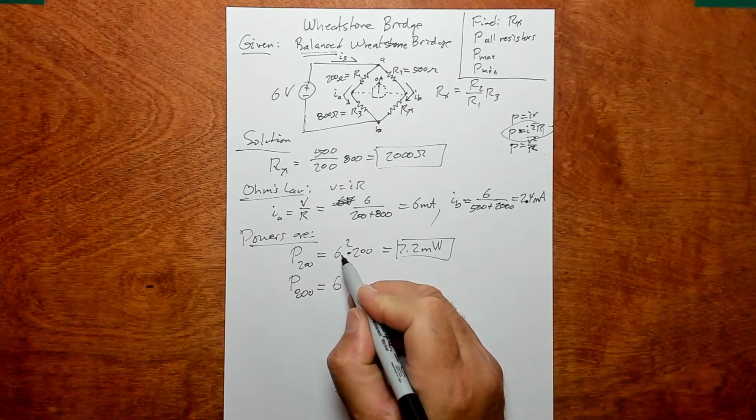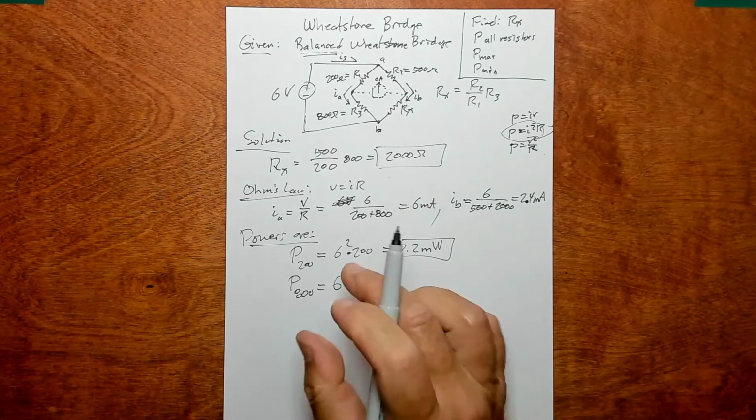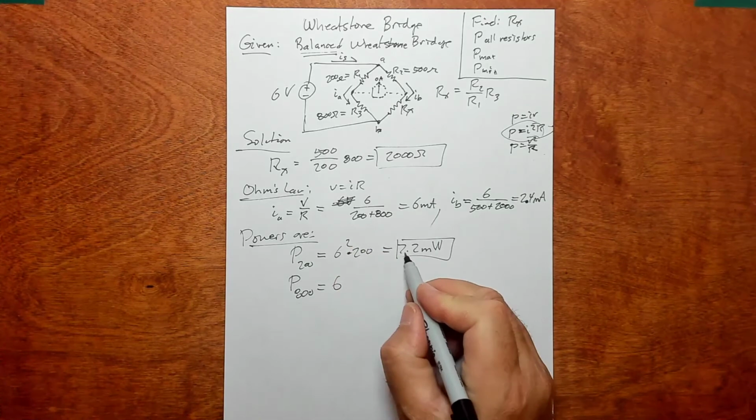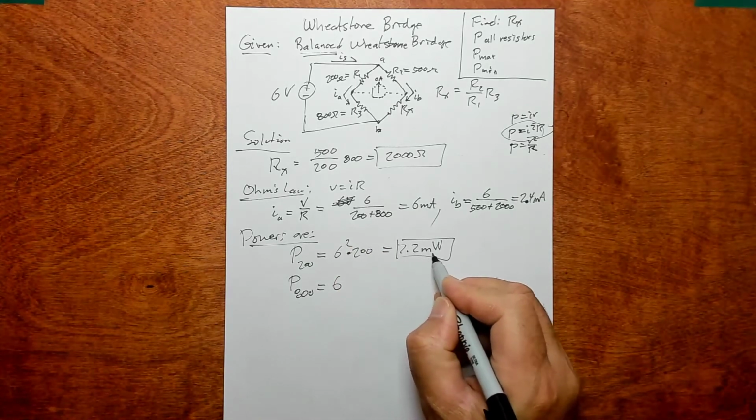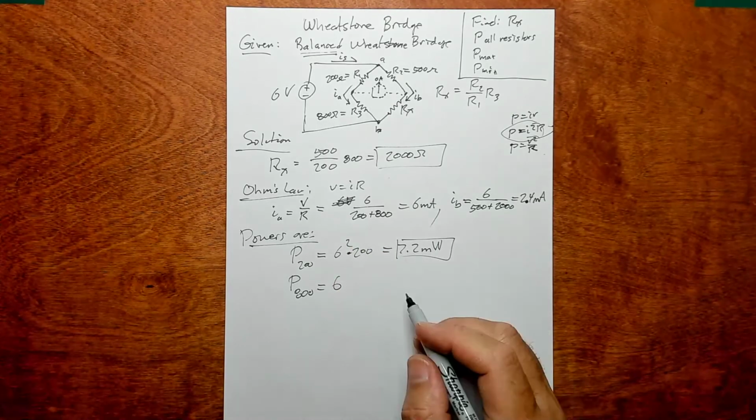Be careful with the units. This is 6 milliamps, or 6 times 10 to the minus 3 amps, squared, which gives you a small number, then times 800, but it ends up working out to 28.8 milliwatts.